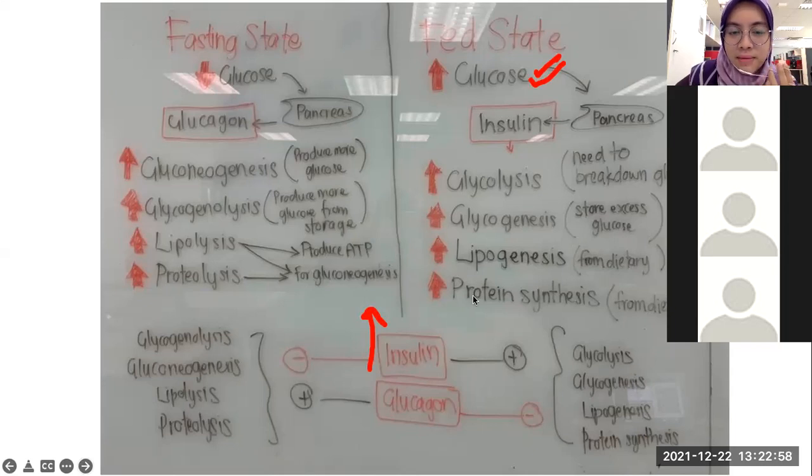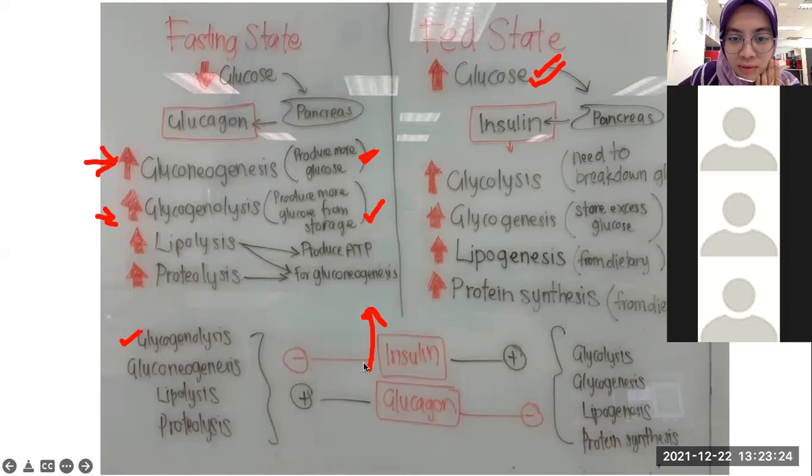Yes. So high insulin again indicates high glucose concentration in our blood, but glycogenolysis is about producing more glucose. So we don't want to increase glucose in our blood. We are trying to utilize the glucose.